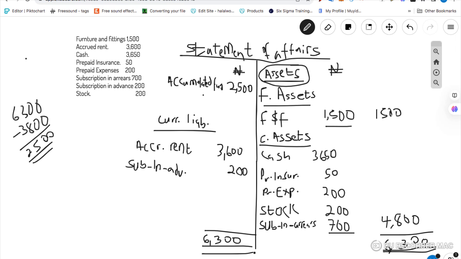You need to understand the going concern concept and other concepts and conventions that you may come across in accounting. So once you understand these things, you should be able to post your transactions seamlessly without any sweat, okay? And also, you need to have a very good foundation in preparation of ledger accounts, okay?